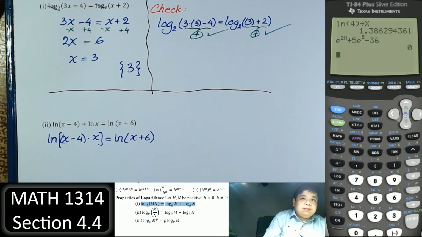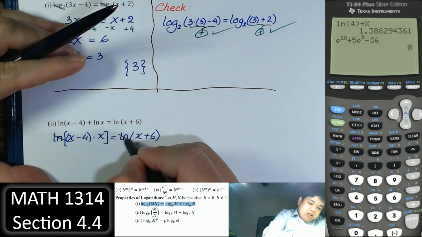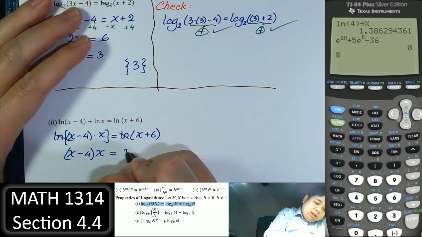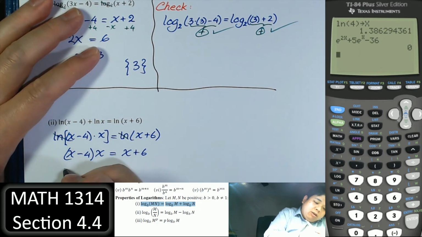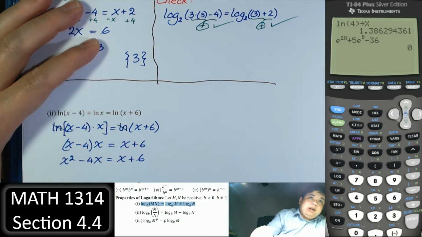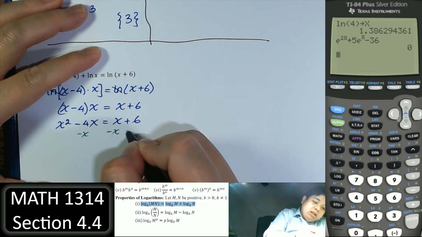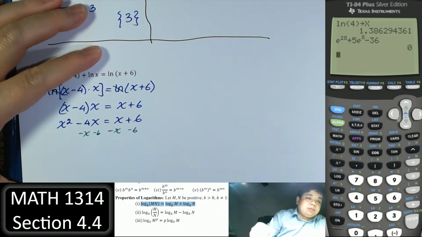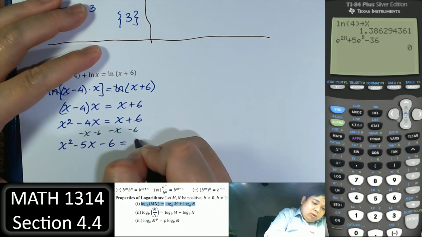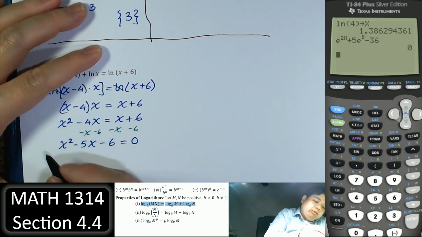All right. Now, ln on both sides just cancels out. We have x minus 4 times x equals x plus 6. Multiply them out. x squared minus 4x equals x plus 6. Now try to move everything to one side because we have a quadratic equation in this case. x squared minus 5x minus 6 equals 0. Two numbers that multiply to negative 6 and add to negative 5.